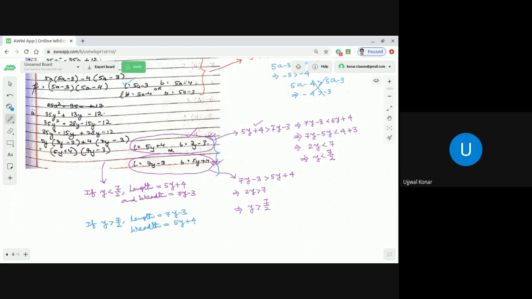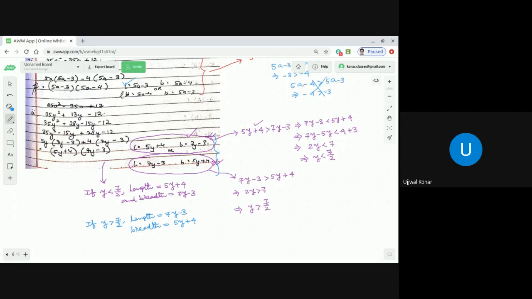Is it the right way I'm writing? Now you get a new dimension of this understanding, right? That when length is 5y plus 4 and breadth is 7y minus 3, this is not always a universal truth. It is only true when y is less than 7 by 2. But when y is greater than 7 by 2, then it will become exactly opposite.